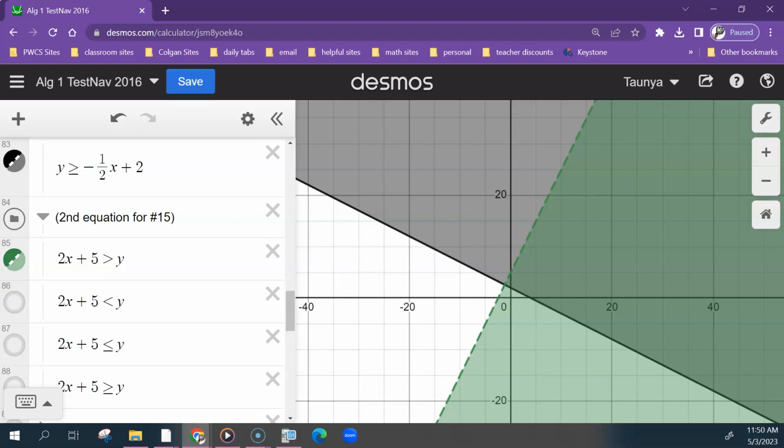That's how we know that one's right. Questions on 13, 14, or 15? This one's 15. So it's greater than or equal to and greater than.